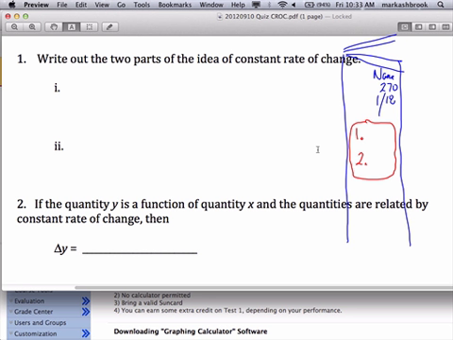Seconds. Okay, hand it up. Finish what you're writing. If you're still writing, you can finish up, but hand them up.